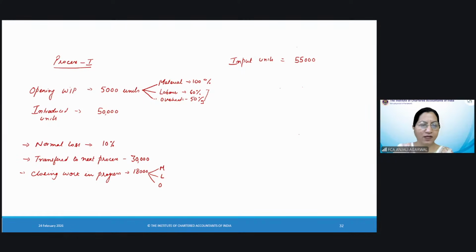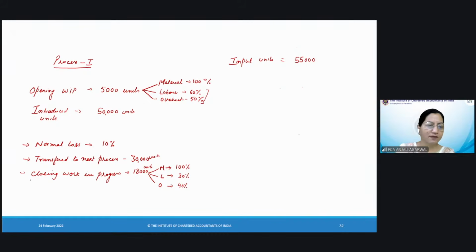That's why they have moved to the next process. But the closing work in progress, again, 18,000 units. All these are units, nothing is rupees, okay? These 18,000 units would also be complete as far as material, labor and overheads to some degree. So on these 18,000 units, material is 100% used. Labor is, let's say, 30% utilized. And overheads are also, let's say, 40% incurred. So this information is given to you.